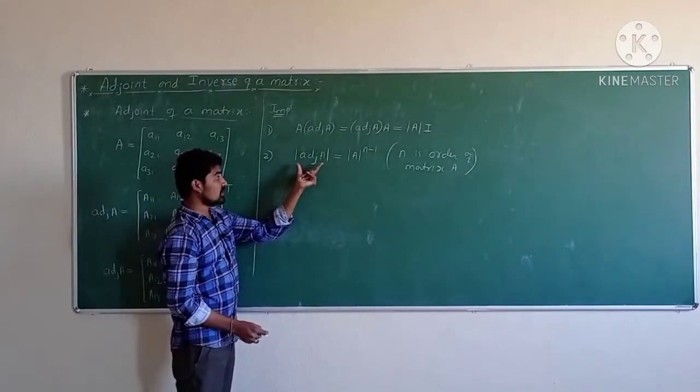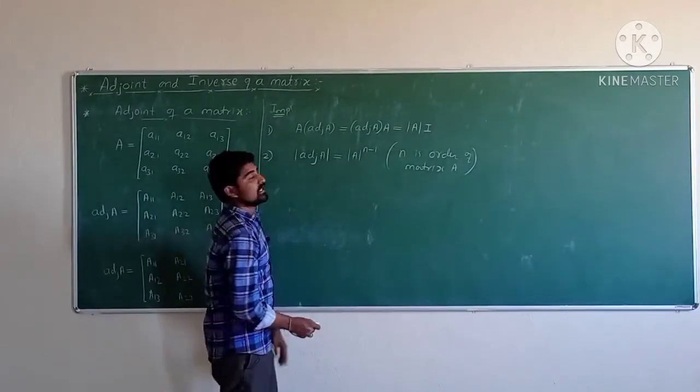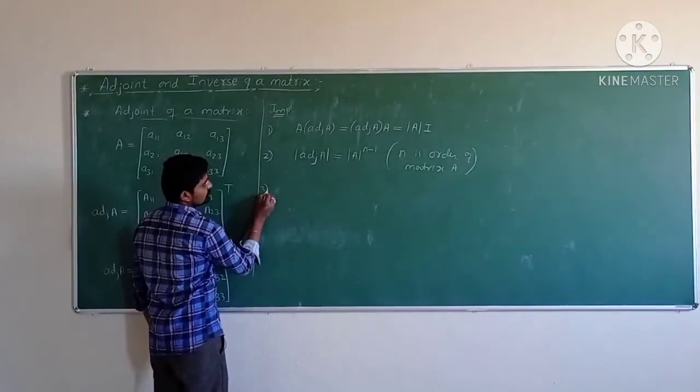Determinant of adjoint of the matrix A is equal to determinant of A power n minus 1.